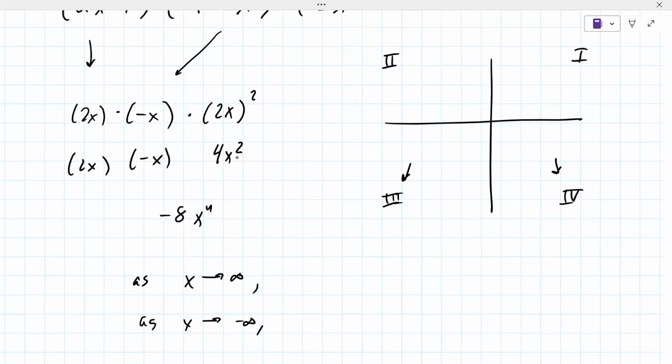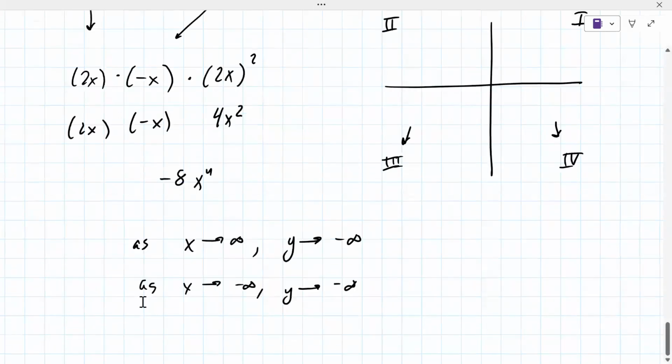As x goes to infinity, y goes to negative infinity, and as x goes to negative infinity, y goes to... All right, good job.